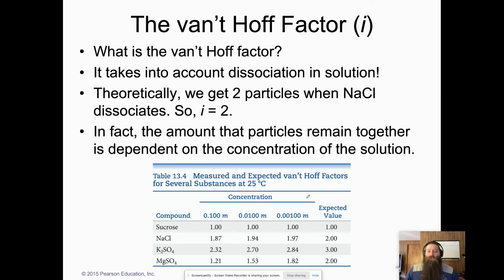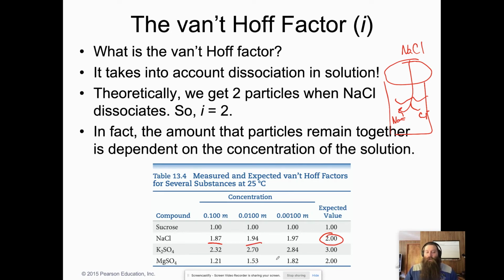molecules in the solution. Now, in theory, you take NaCl, you put it into a beaker of water, and you get Na+ and you get Cl-. We get a complete dissociation into two particles. Well, that's not actually what we find happens. We would expect to get 2, but at a 0.1 molar solution, we would get 1.87.